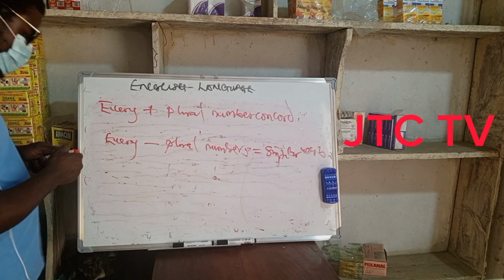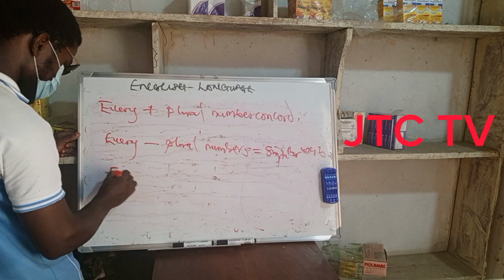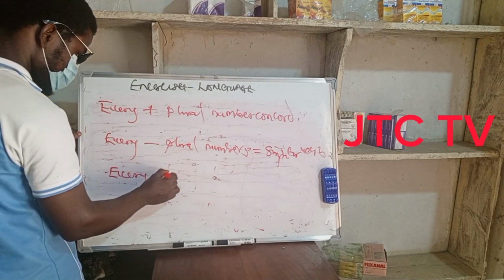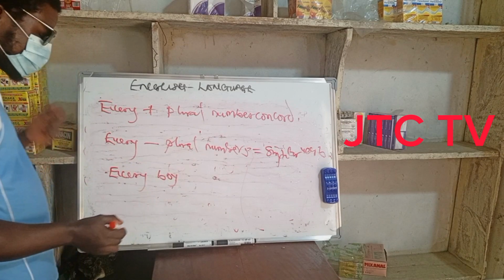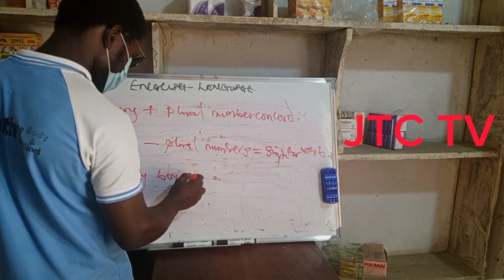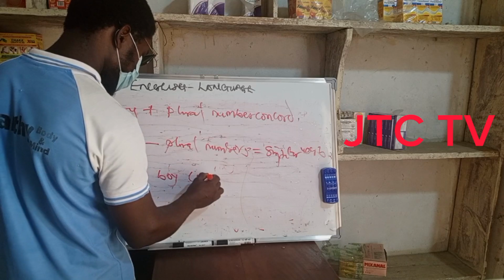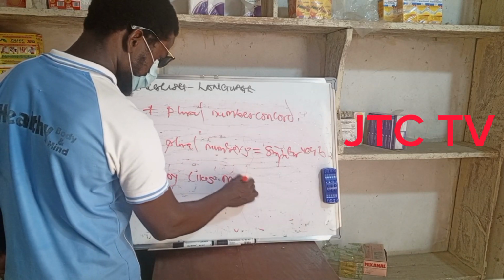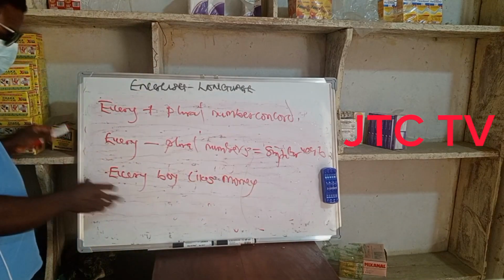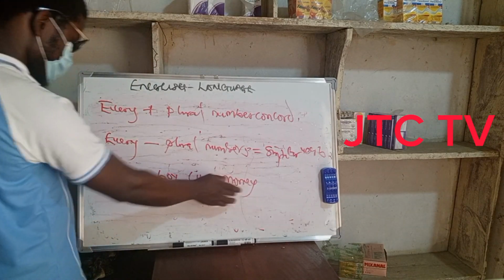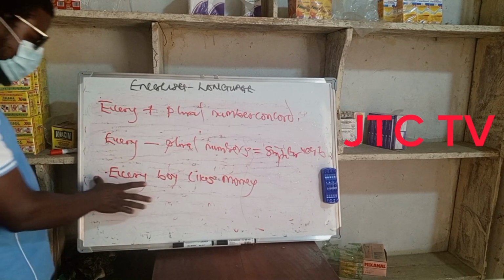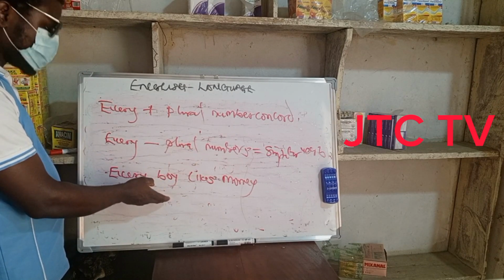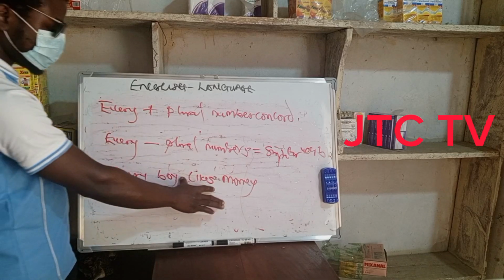For example, every boy likes money. Right? Every boy likes money. You get every. There is no plural number here. Right? So the verb is singular.